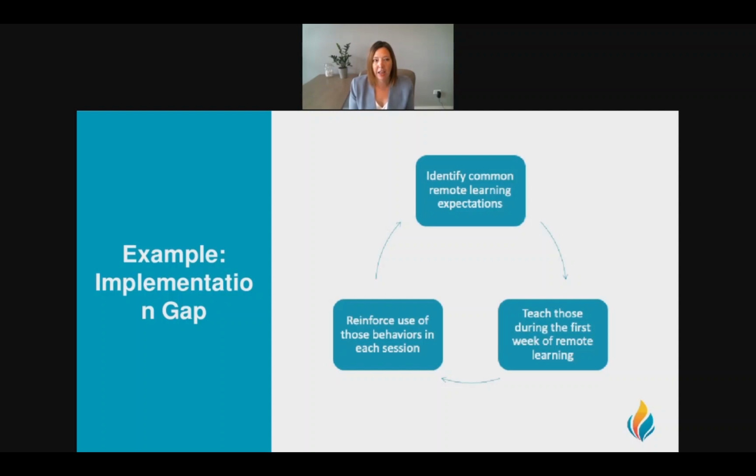Maybe we expect all students to use the chat and feedback in Zoom to communicate if they have questions, and to indicate if they need to take care of another need, like getting up to use the washroom or fill up their water.